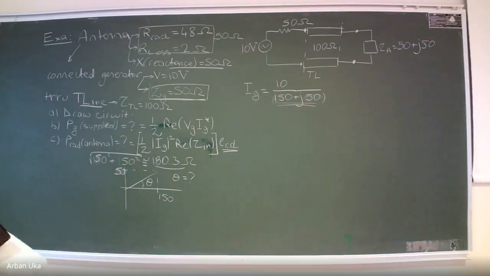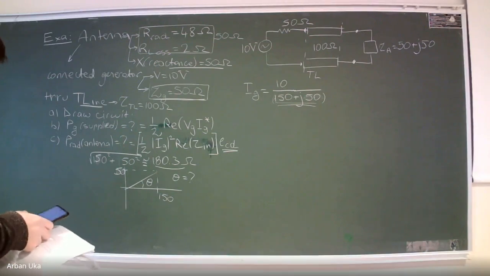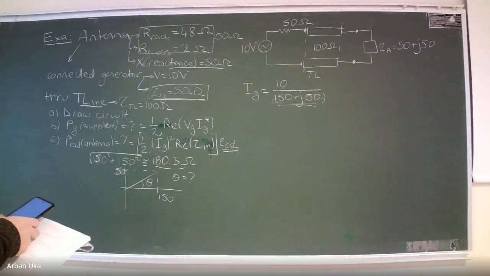So in this case, this will be 150 times 150. This is the same. Wait a second. This is the same plus 2,500, which is 25,000.